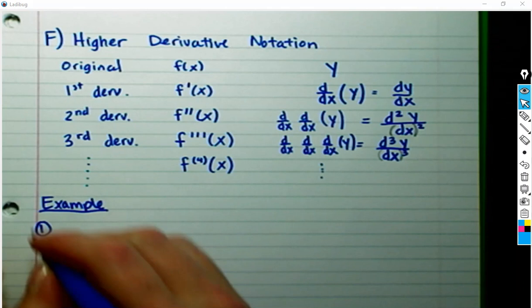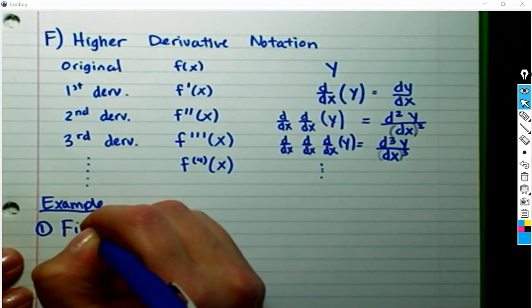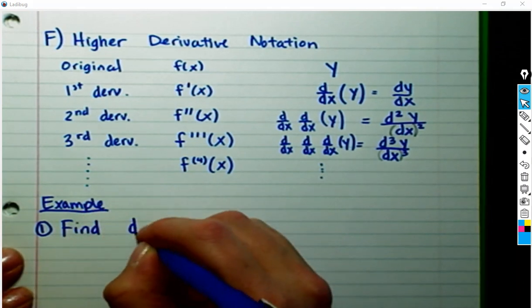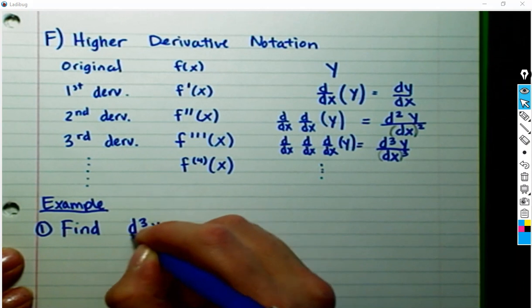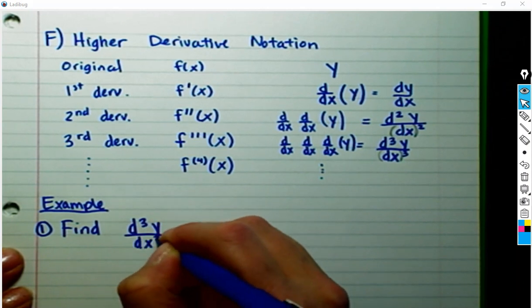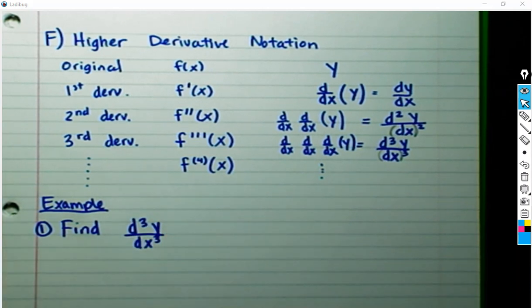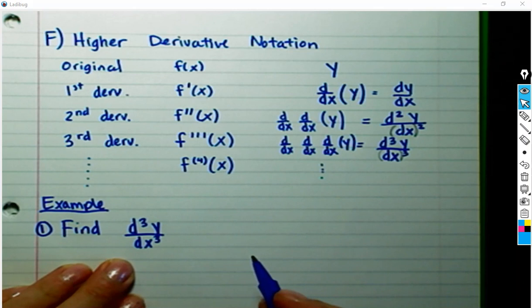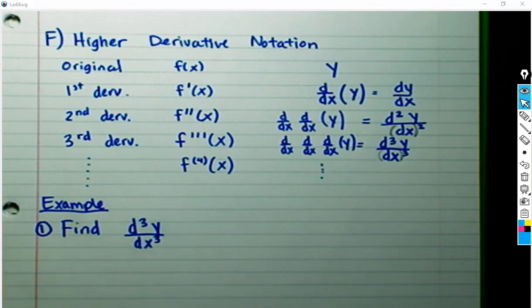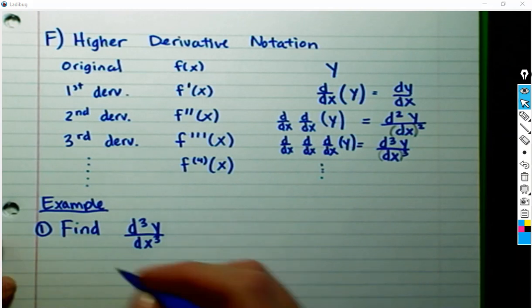And we're just going to do one example. That's it. Okay, so it's just the notation. Find d cubed y over dx cubed. That's what it wants me to do. Find the derivative 3 times.